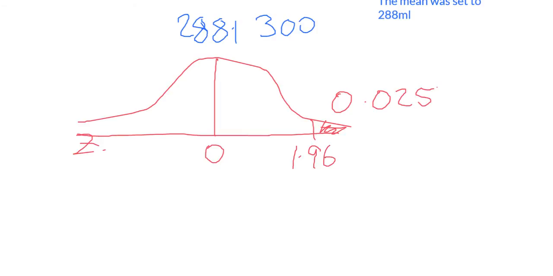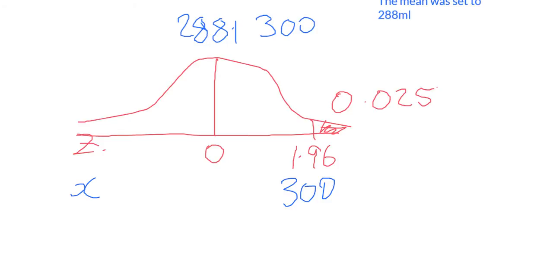So on our x-axis, our 300 has to be 1.96 standard deviations away. Now we know that we have 11 as our standard deviation. So 1.96 times 11 is 21.56.